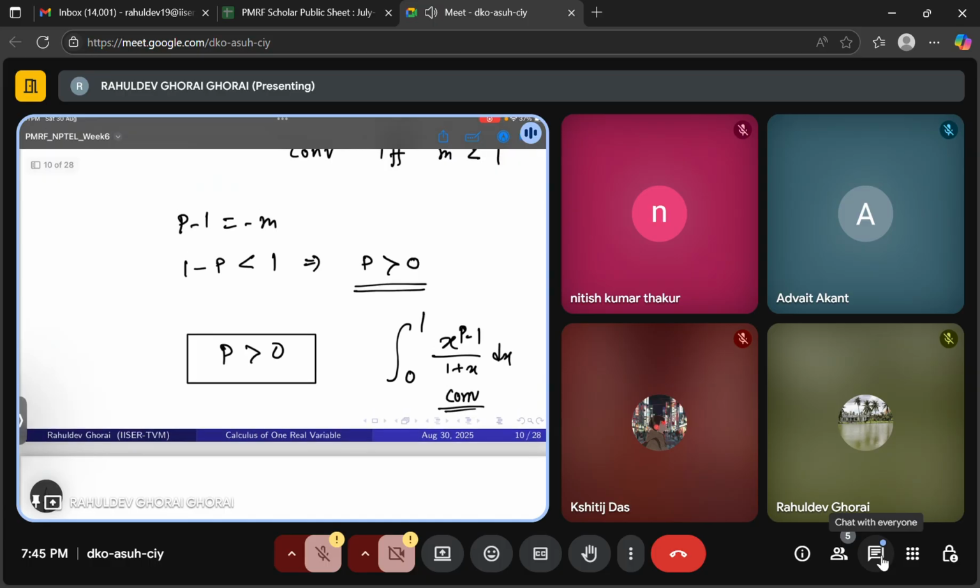You need to find a function g(x) which you know very easily, and then you take the limit of f(x) over g(x). If that is a non-zero number which is finite, then you can say that both functions converge or diverge together. Do you understand this? Yes.